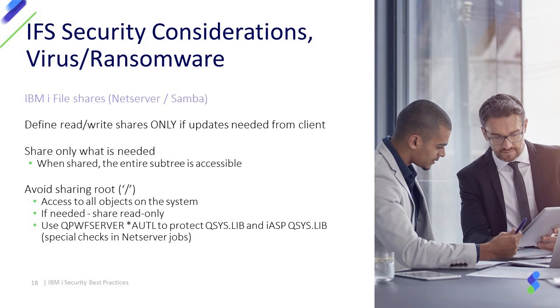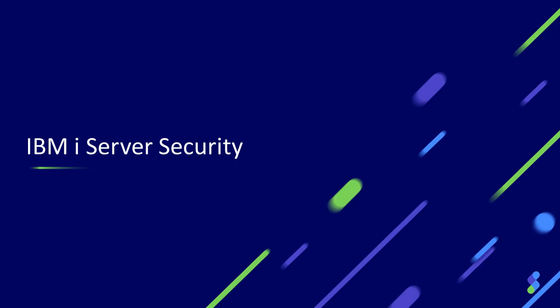A lot of times this is difficult to do because of the way applications are running, but with NetServer or Samba, you can do a few things listed here to try to limit access to the file system on IBM i from the client devices. If possible, you can take a look at this and leverage that support.